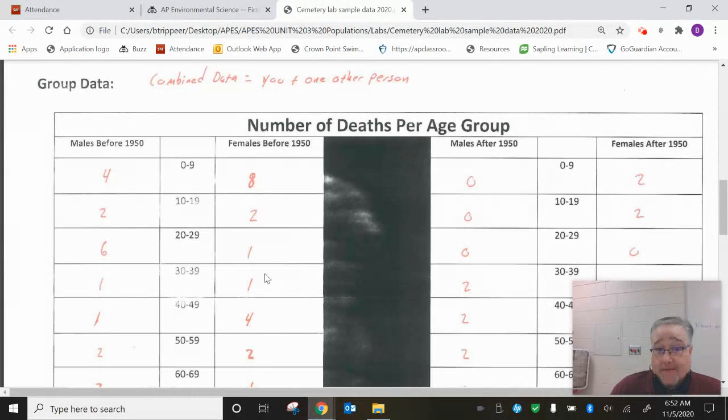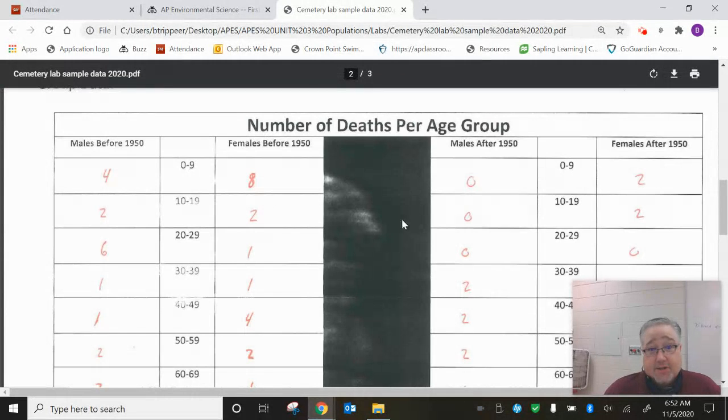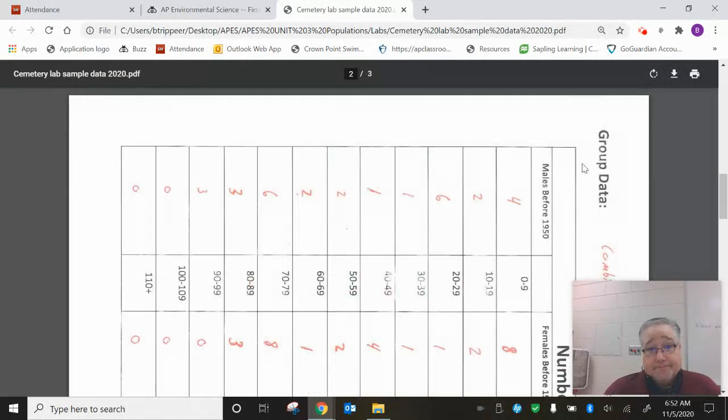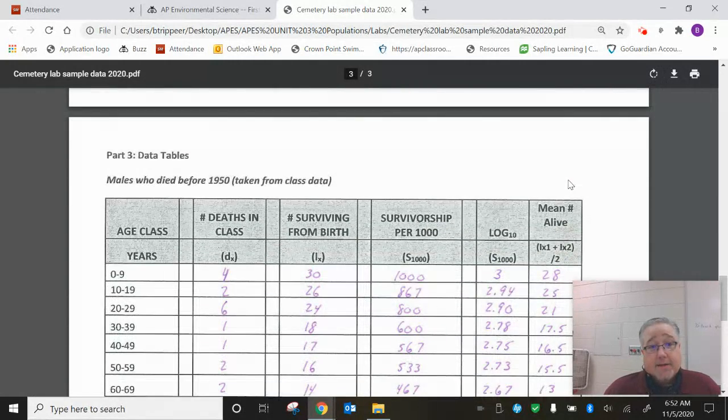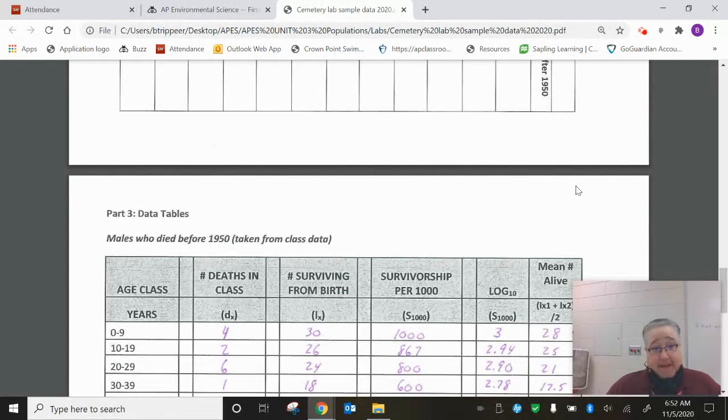So we're going to work on that today initially. That might take you maybe 15 minutes, maybe a half an hour to get this chart completely filled in. So this is our combined data. Once you have that done, then you're ready to move into these data tables.